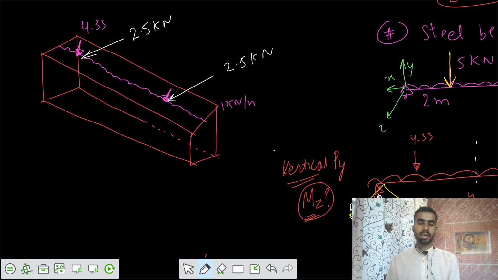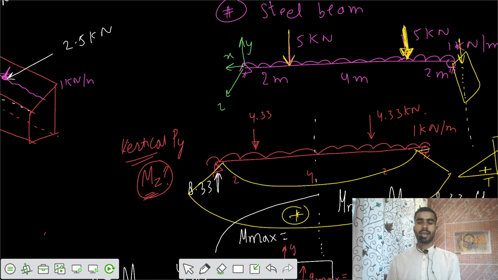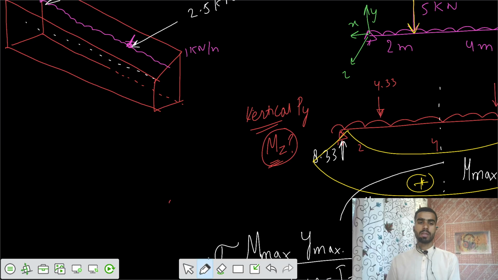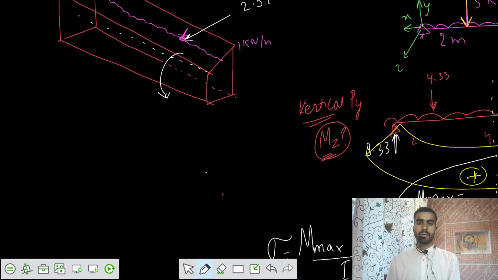Let's say that acts along the center line, 2.5. If you want to rotate the beam 90 degrees anti-clockwise, and say this was your B and this was your D, then after rotating, B would be upwards and D would be downwards.